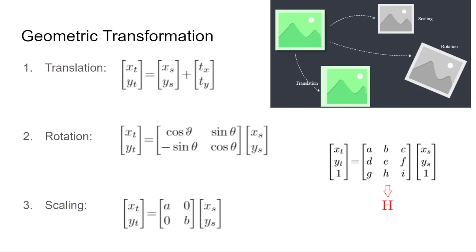Here the rotation angle is theta. By multiplying xs, ys with this rotation matrix, we'll get the target position. Then for scaling, we are using this matrix, a 0 0 b, and the output is like this. The whole geometric transformation can be represented using a single matrix multiplication H that is given here.